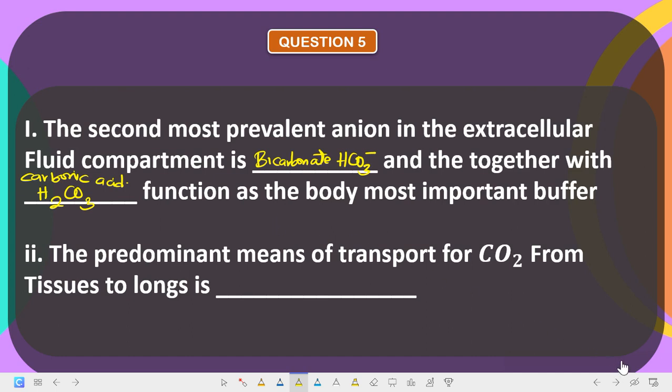The predominant means of transport for CO2 from tissue to lung is also bicarbonate.